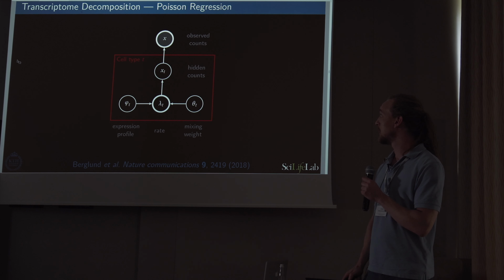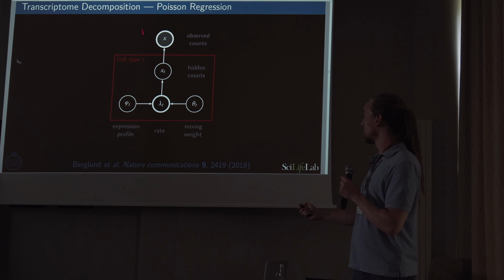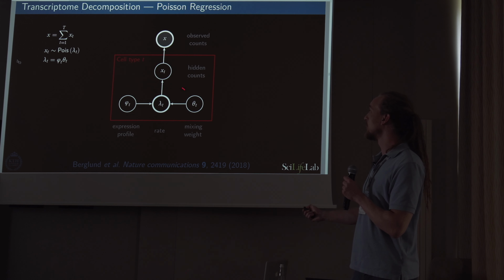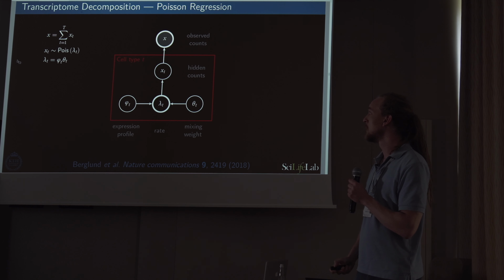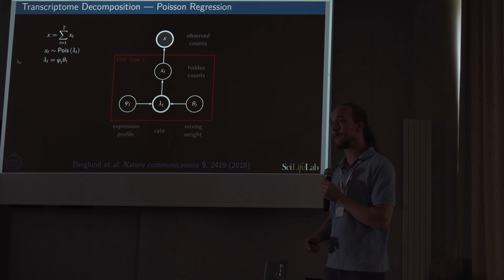So here's a little graphical model that is really at the core of Poisson regression. We assume that the observed counts are given as a sum over some hidden counts, and that these hidden counts are indexed by a cell type over which we have to sum to get the observed count.